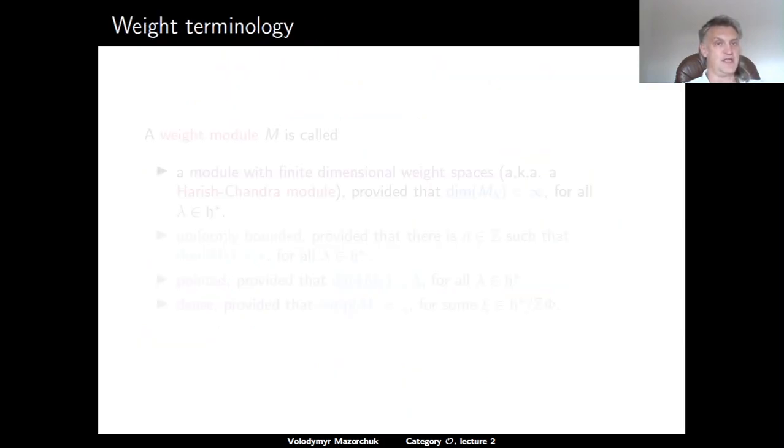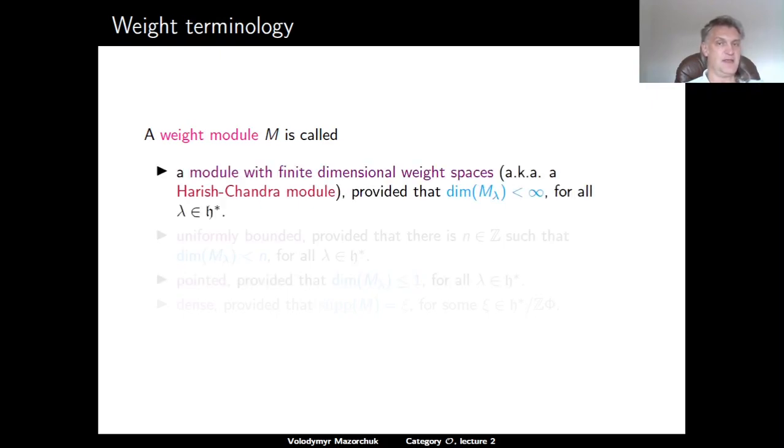So some weight terminology. A weight module is called a module with finite dimensional weight spaces, also known as a Harish-Chandra module, provided that all weight spaces of this module are finite dimensional. A module is called uniformly bounded if the dimensions of all weight spaces of this module are uniformly bounded.